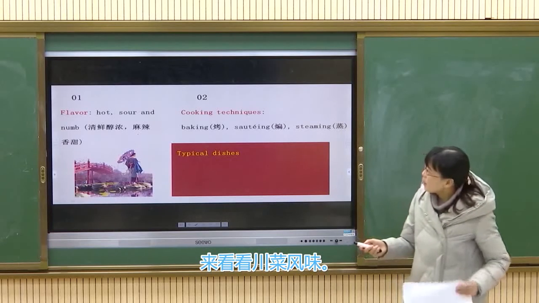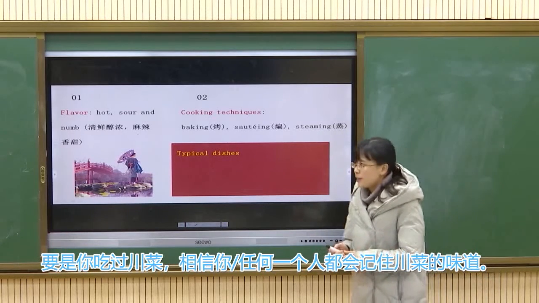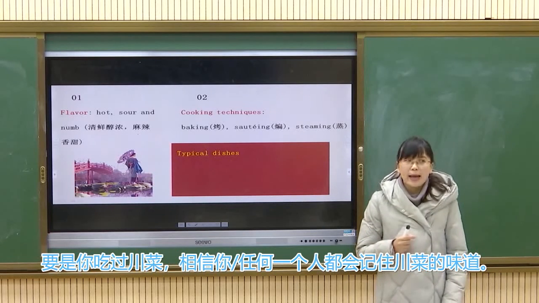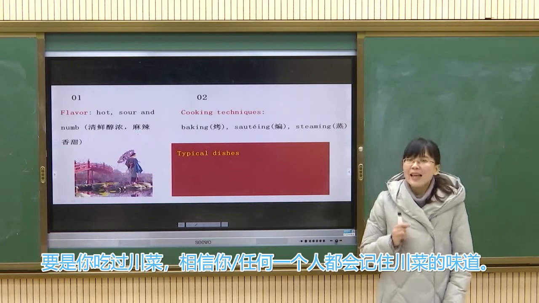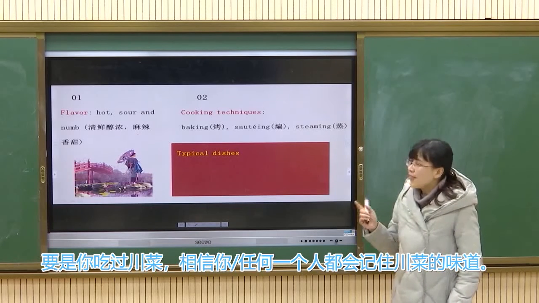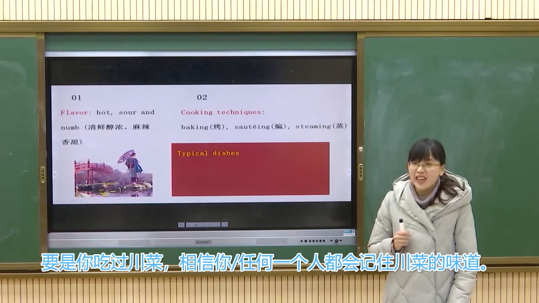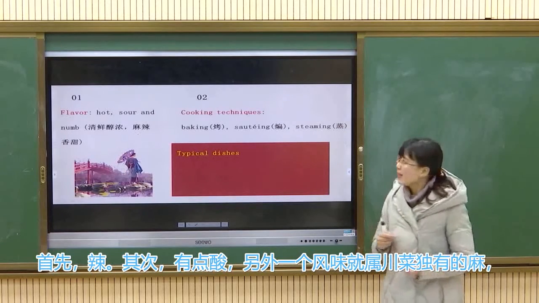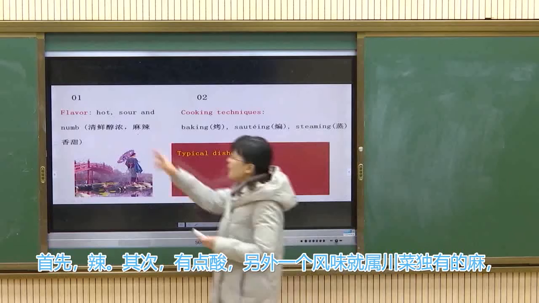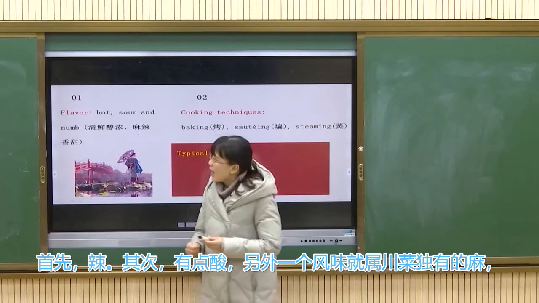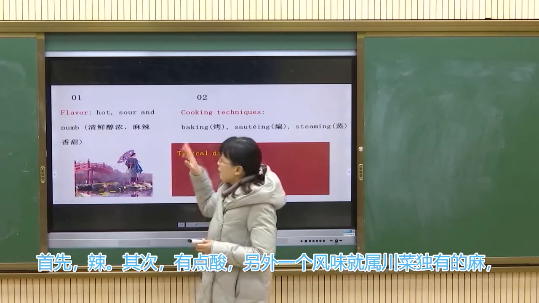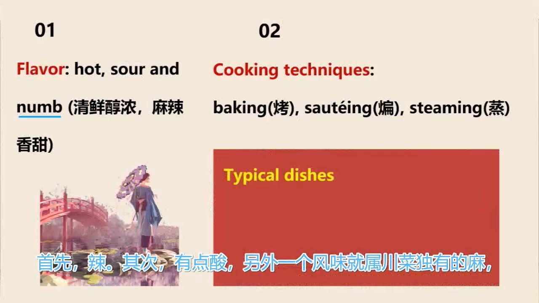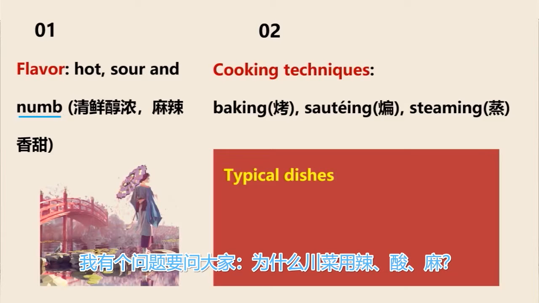And then let's look at the flavor. If you have ever eaten Chuan cuisine, I believe everybody remembers the flavor of Chuan cuisine. That is, first, hot, and then sour, 有点酸, and another feature that is particular to Chuan cuisine. Now, here I have a question.